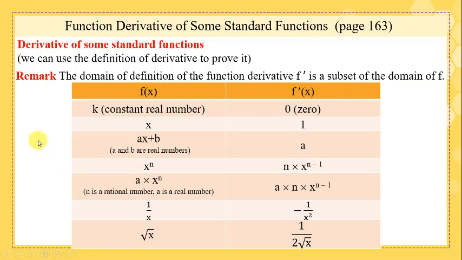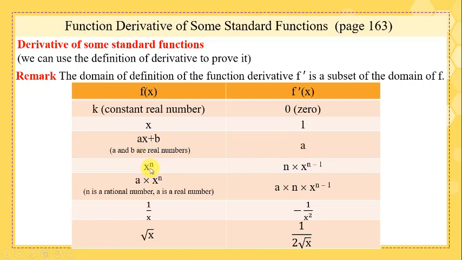Now the main point and the main idea in this chapter. These rules. Pay attention. If the function is constant, f of x equal 5, f of x equal minus 7, then its derivative equals 0. If the function equal x, the derivative equal 1. If the function equal binomial ax plus b, then the derivative equal a.